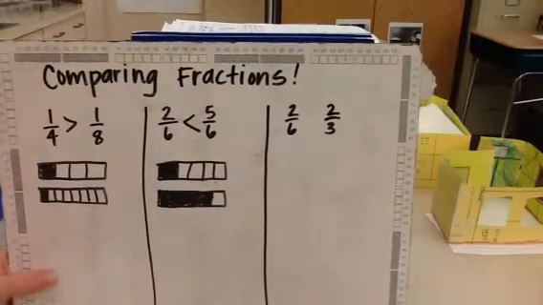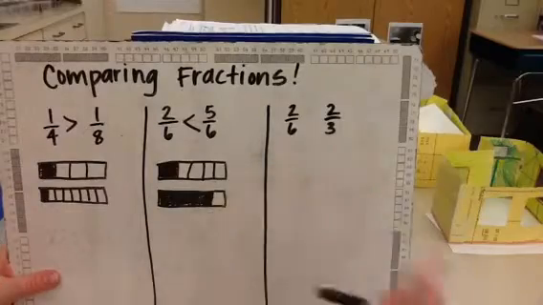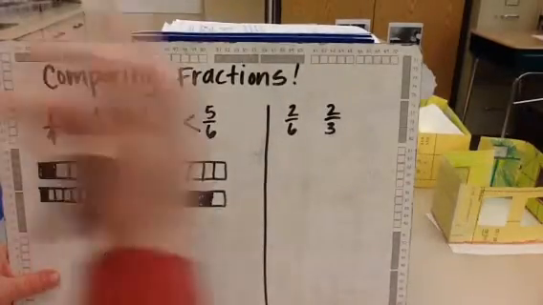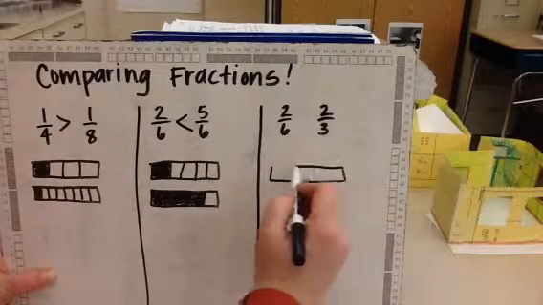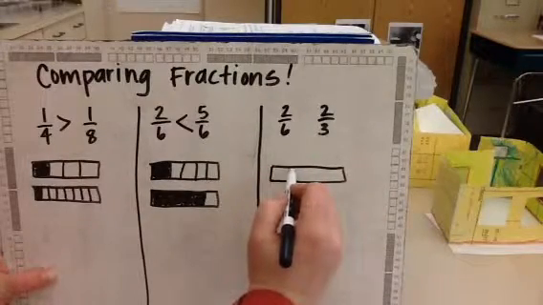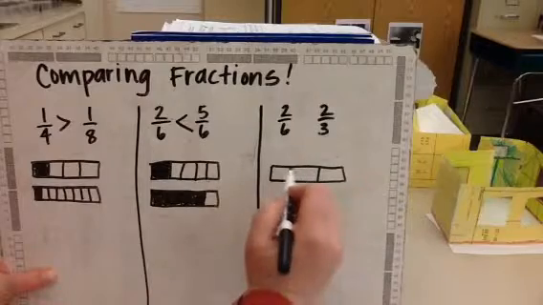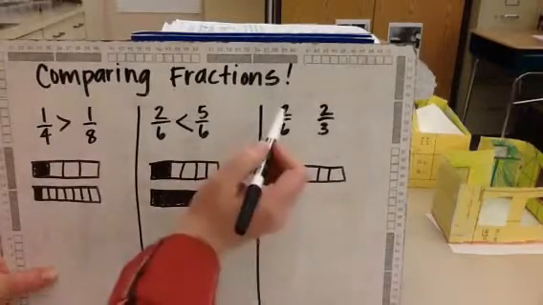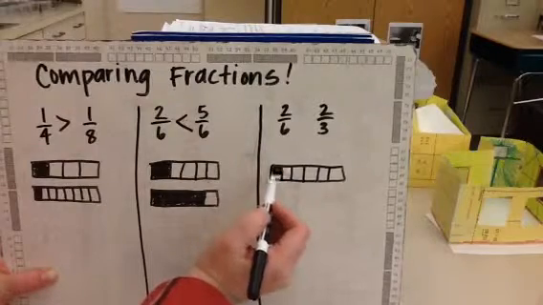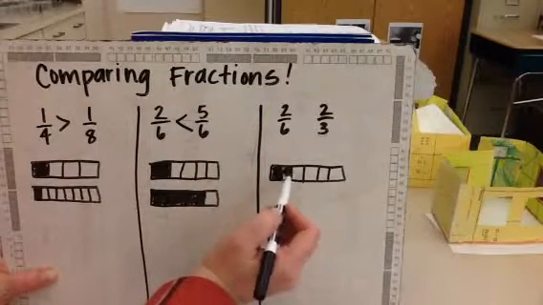All right, now let's do this last example. 2/6, 2/3. So here I'm going to draw my visual for this one. I need to divide it into 6 equal pieces, so I'm going to make my thirds and then use that to help me with 6ths. And I'm going to shade in 2 of the 6 pieces.